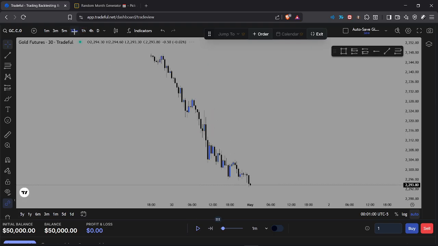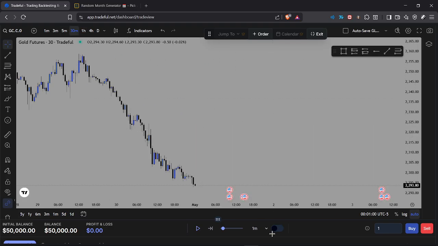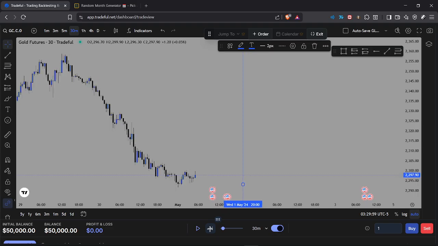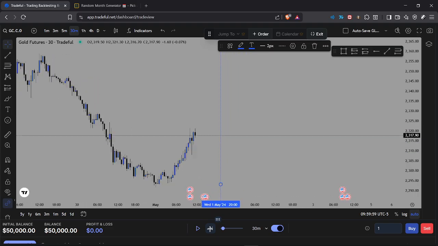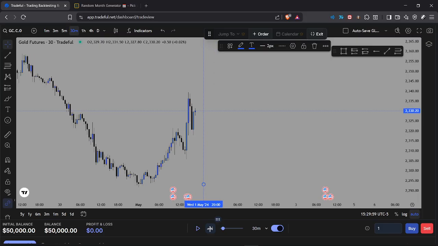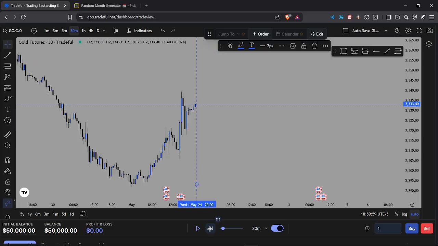So first thing you do is you just go to Asia session. So Asia session is from 8 p.m. to 2 a.m., to 12 a.m. And then you go on the 50-minute.